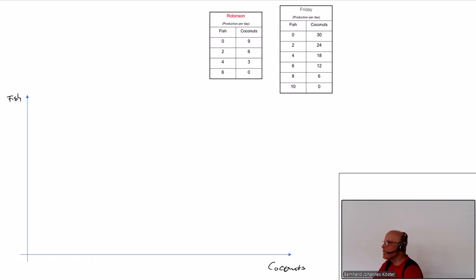So overall, we just look at the maximum amount they could produce together. So here we would have 6 and 16. So then let's say 5, 10, and 15 for the amount of fish. And 9 and 30 is 39. So 10, 20, 30, and 40.